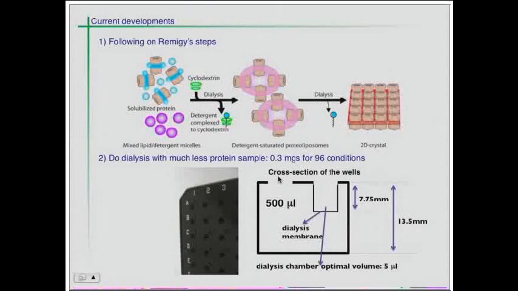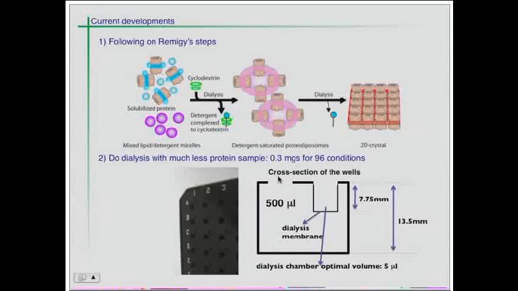Something that we want to do in the future is follow a bit in Remigi's steps. Together with Andreas, they developed this 2D crystallization method, which is based on an old idea that you could basically remove detergent from mixed micelles by complexation to cyclodextrins.